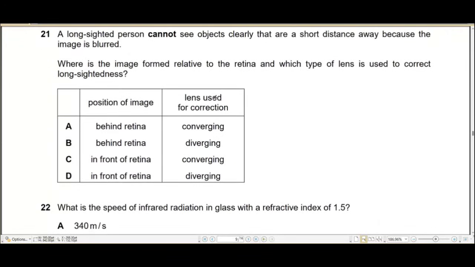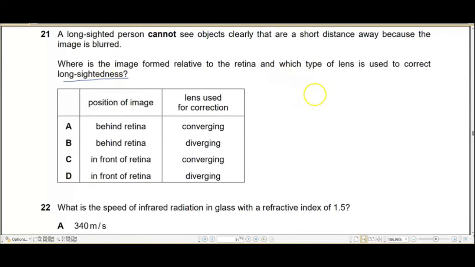Moving on to question number 21. A long-sighted person cannot see objects clearly that are a short distance away because the image is blurred. Where is the image formed relative to the retina, and which type of lens is used to correct long-sightedness?